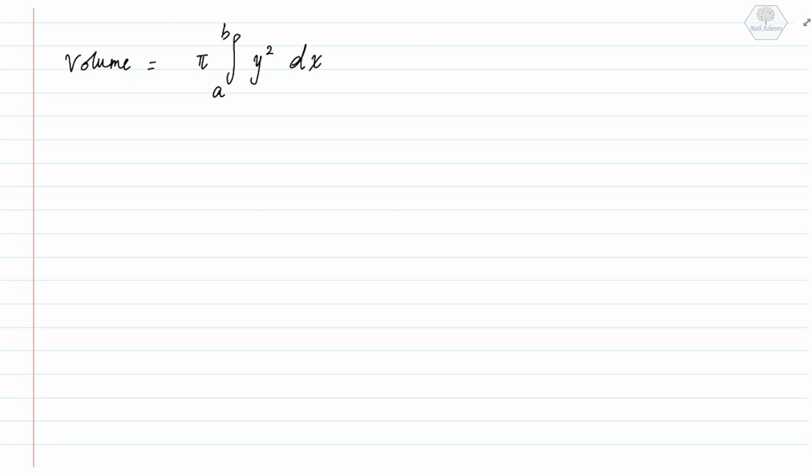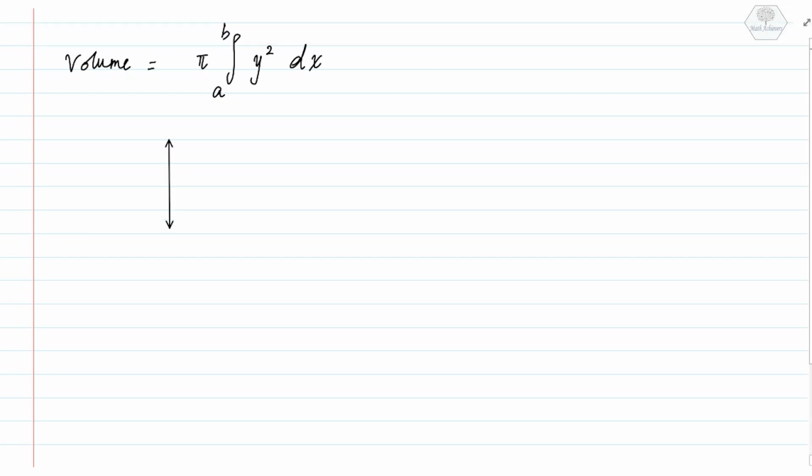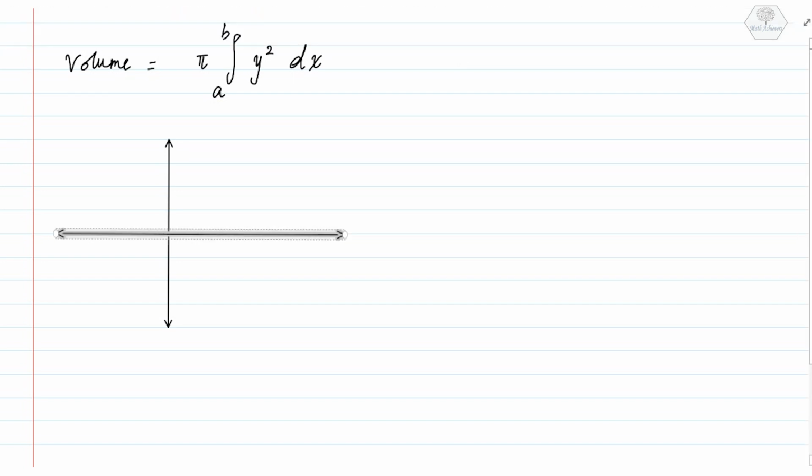Like if I'm having a triangle, let's draw our axis. Let's say I'm having this triangle in here like this. I'm sorry, it's a rectangle. I'm having this rectangle. We'll discuss the triangle, yes, we'll discuss it again.